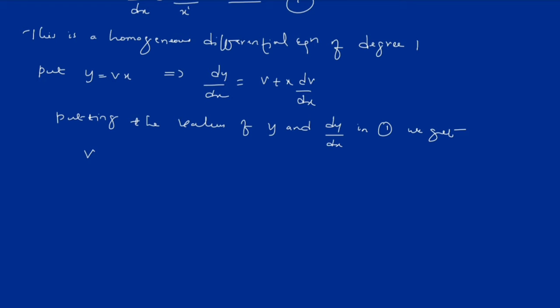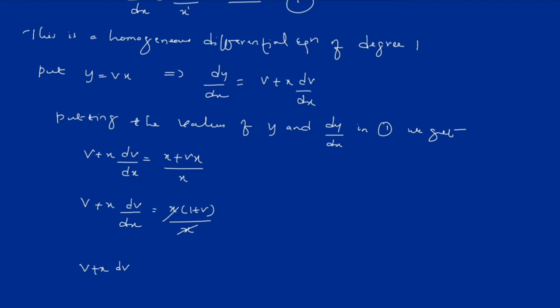v + x dv/dx in the LHS equals (x + vx)/x. Y means here vx upon x. So by taking x common, we get v + x dv/dx = x(1 + v)/x, the x cancels, leaving v + x dv/dx = 1 + v.